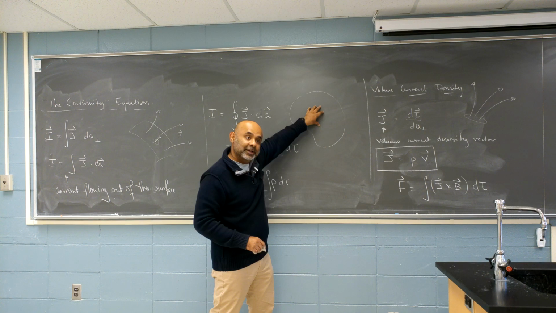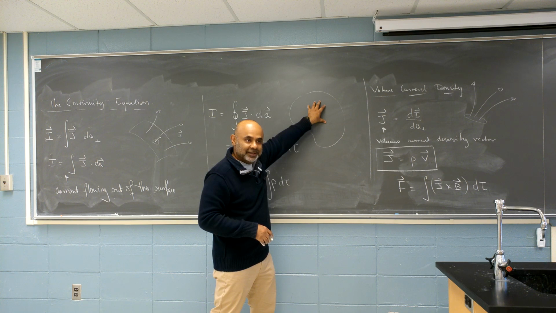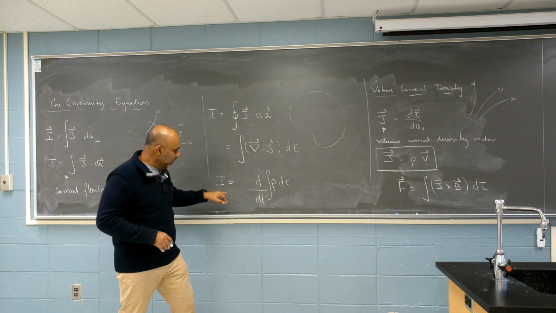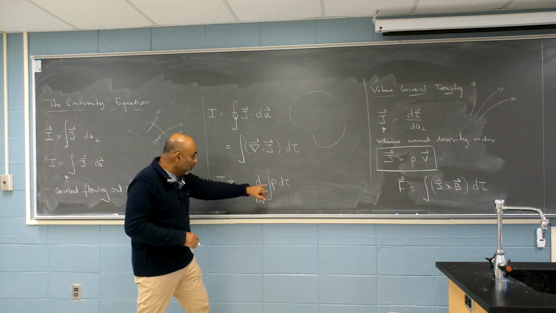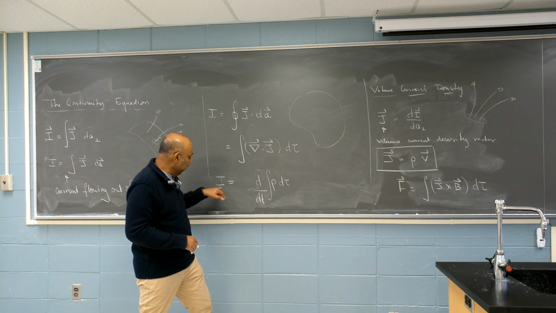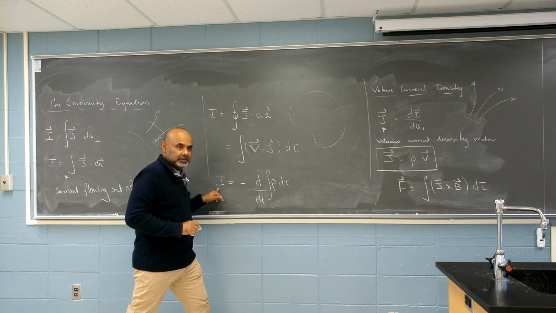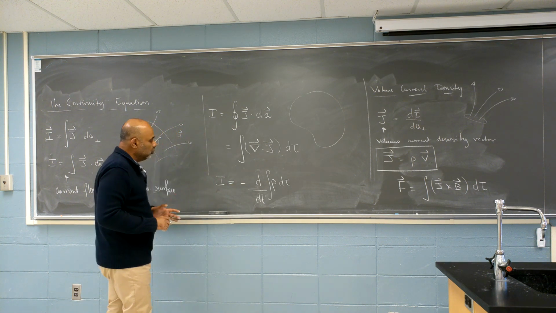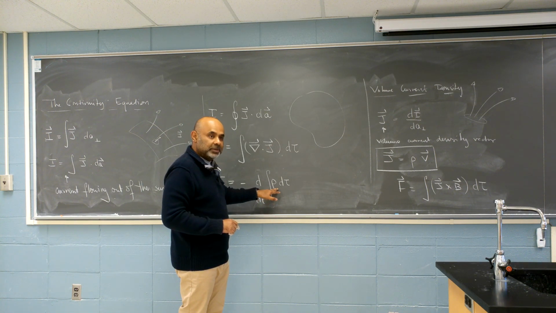The charge is decreasing. Current is flowing in, the charge is increasing. But if I do it this way, if rho is decreasing, I don't get a negative. It's not a negative current. Current is flowing out. So I have to insert this.